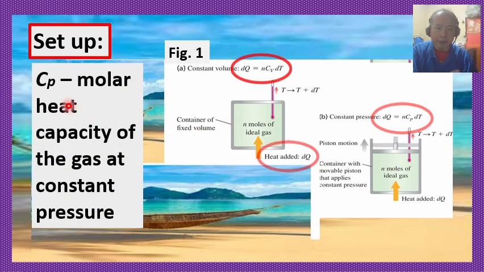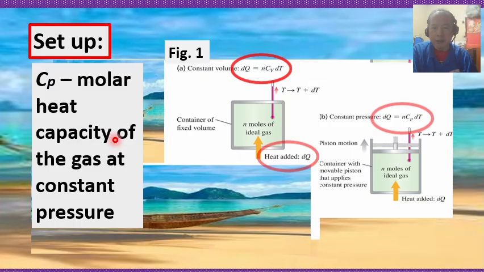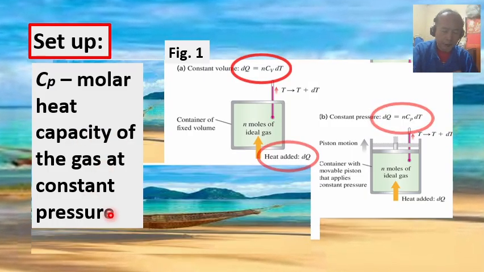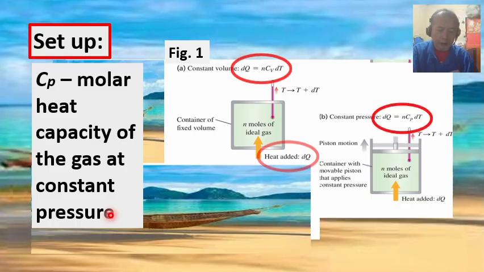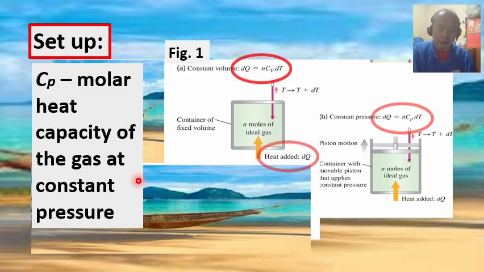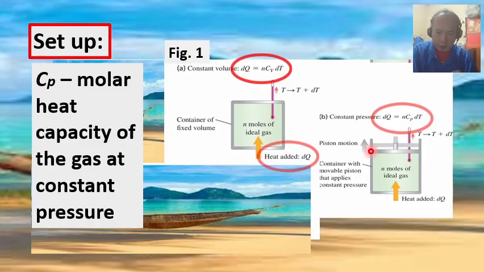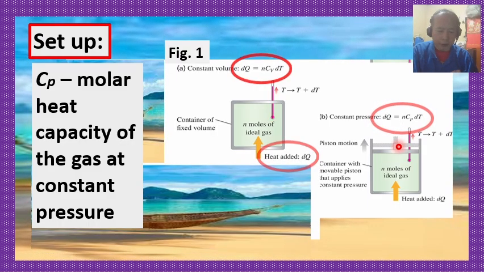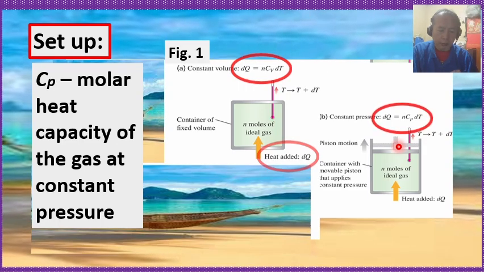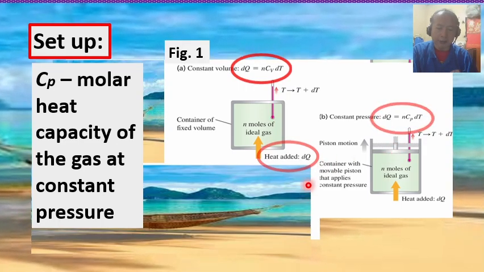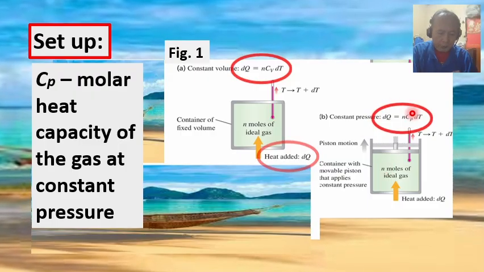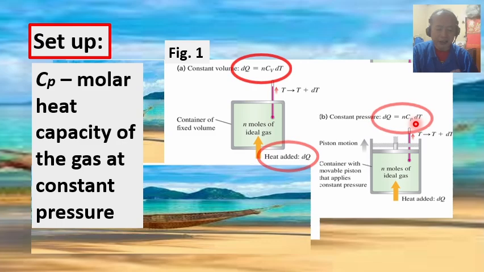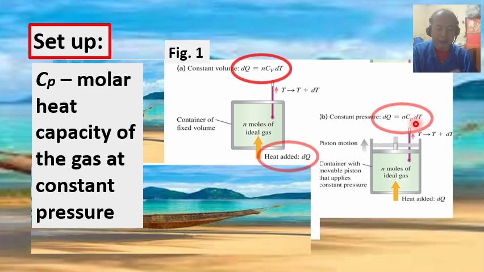Capital Cp, on the other hand, refers to the molar heat capacity of the gas at constant pressure. How it is measured is also illustrated in part B of the figure, where the container has a movable piston that applies constant pressure, a process known as an isobaric process.